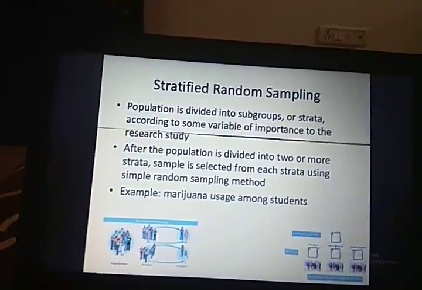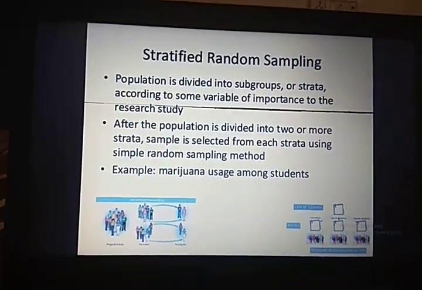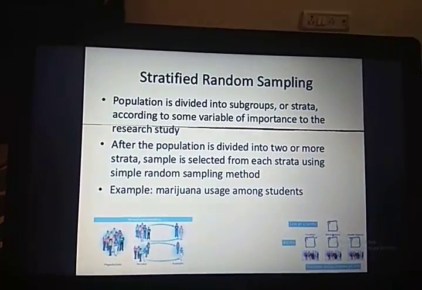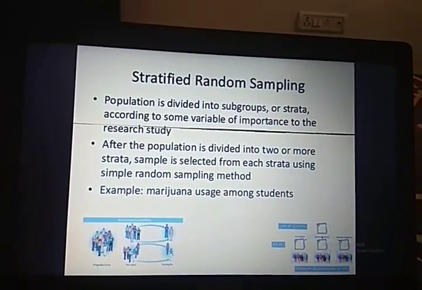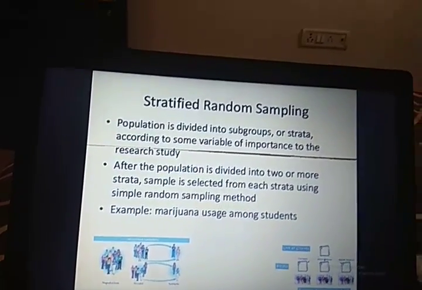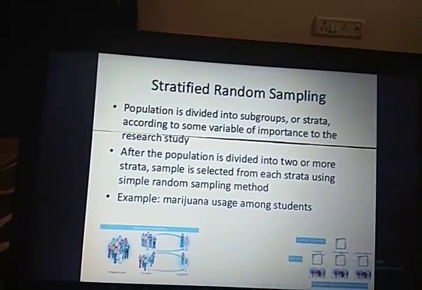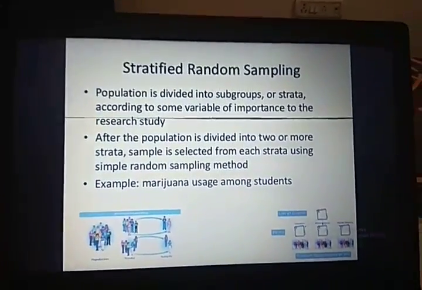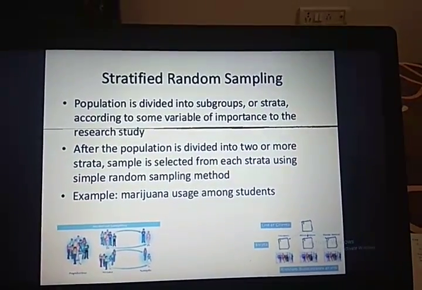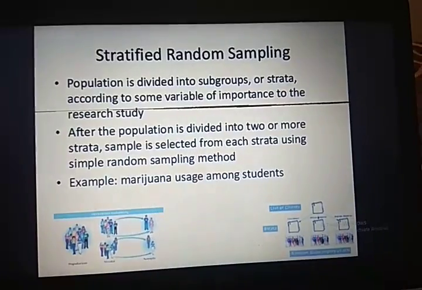Now we study the first type of random sampling, that is stratified random sampling. Now what is exactly stratified random sampling? Population in this case is divided into different strata. That means in this method, the universe or the entire population is divided into a number of groups or strata, and then a certain number of items are taken from each group at random.